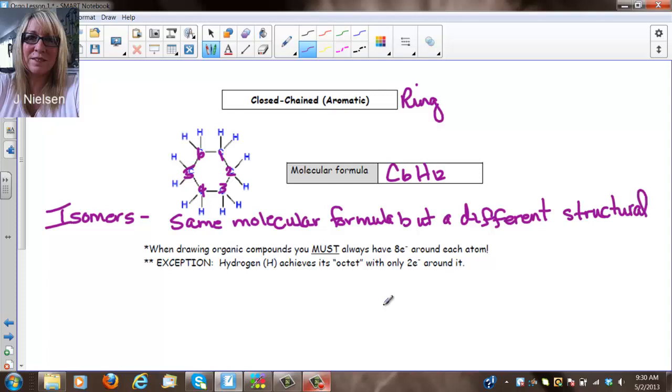And I'm introducing this now because I thought some of you might notice that and be like, that doesn't make sense. But it's true. So therefore they have a different name and different properties.